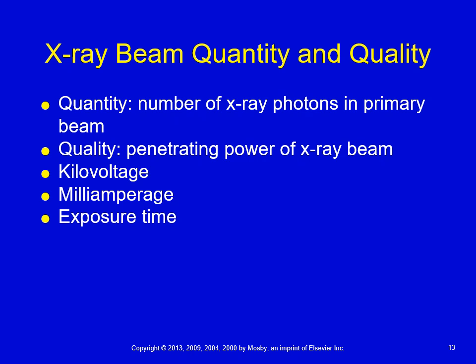Now, on this slide, it doesn't really show it, but there are some other factors that can affect beam quality and quantity. Quantity-wise, kVp affects it, mA affects it, exposure time affects it, and then other things such as your SID, or distance, can affect it, your collimation can affect it, and filtration can affect it.